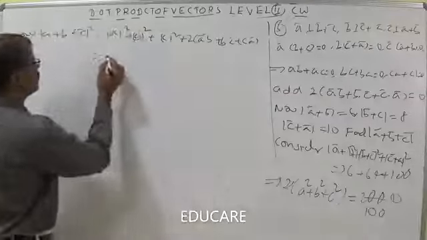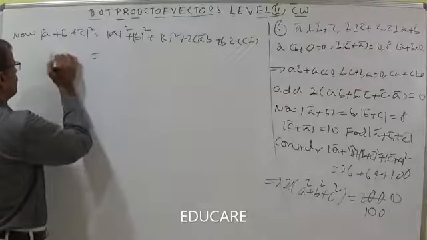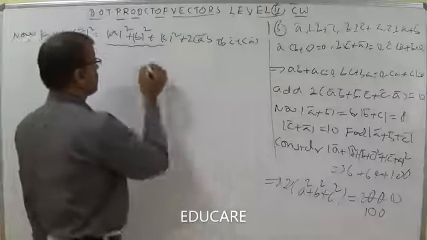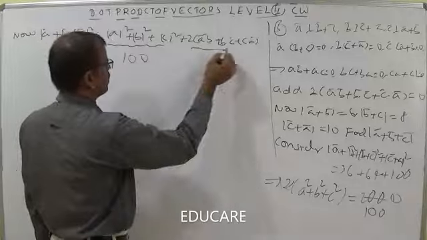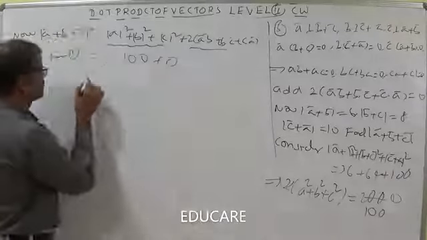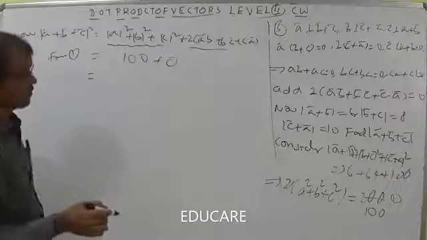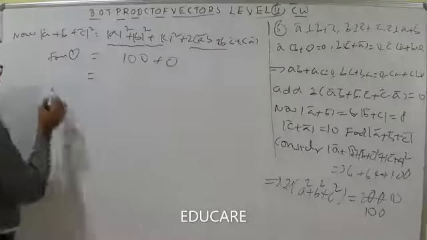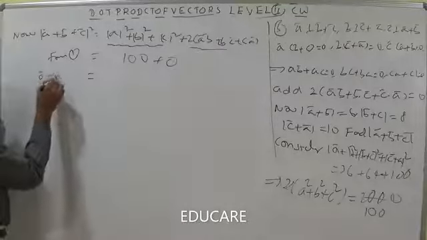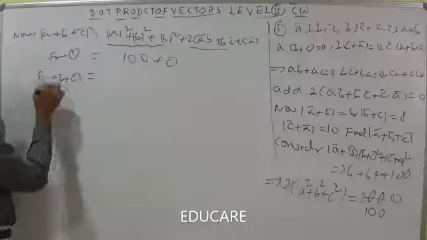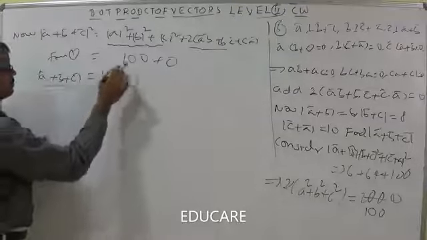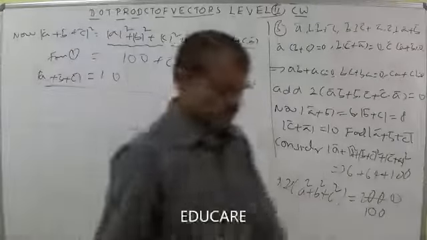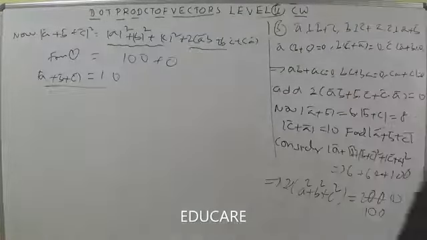Then the value you substitute from 1: from 1, a² + b² + c² = 100 and this is 0. So if he is asking (a + b + c)², you will be getting 100. If he is asking |a bar + b bar + c bar|, you will be getting 10. The root of 100 is 10. Like that. Now, sixth question.